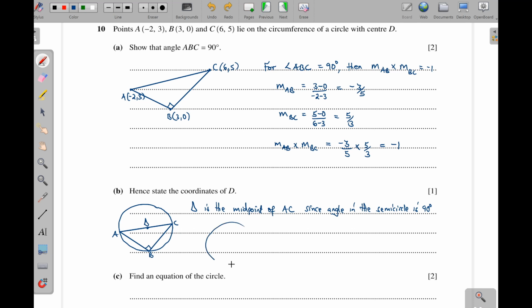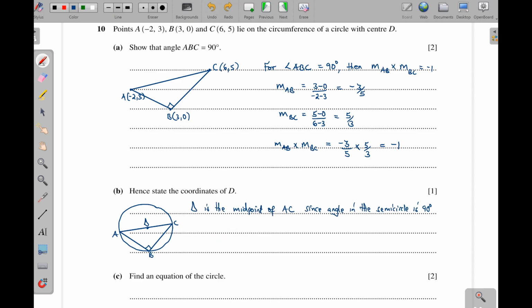We also have this circle property: angle at the center is twice the angle at the circumference. Now this angle here is 108, so the one at the circumference has to be what? 90 degrees. So that is that.